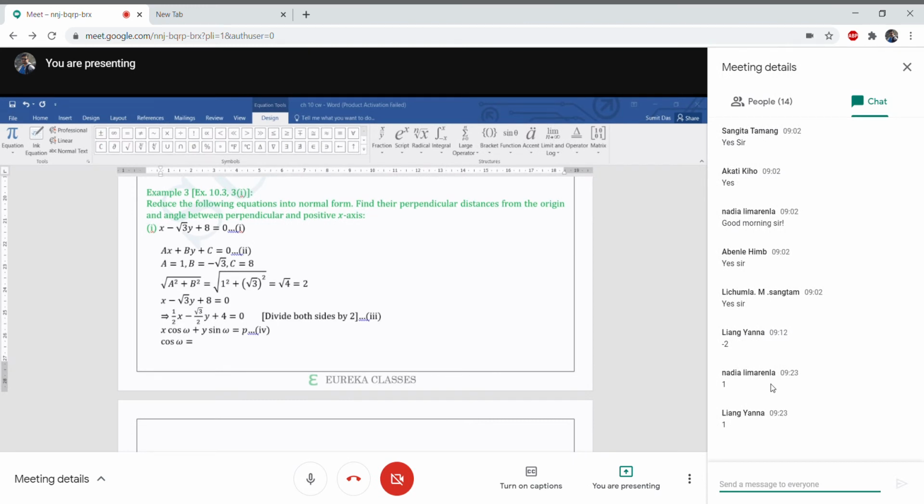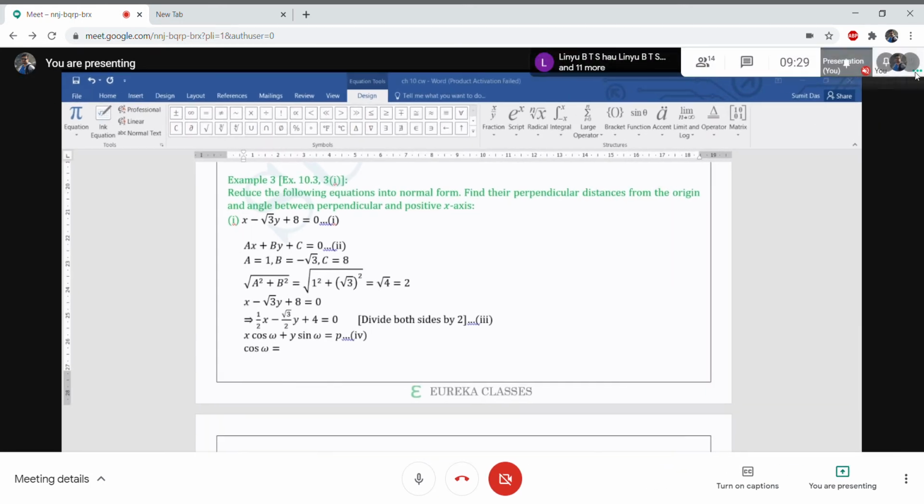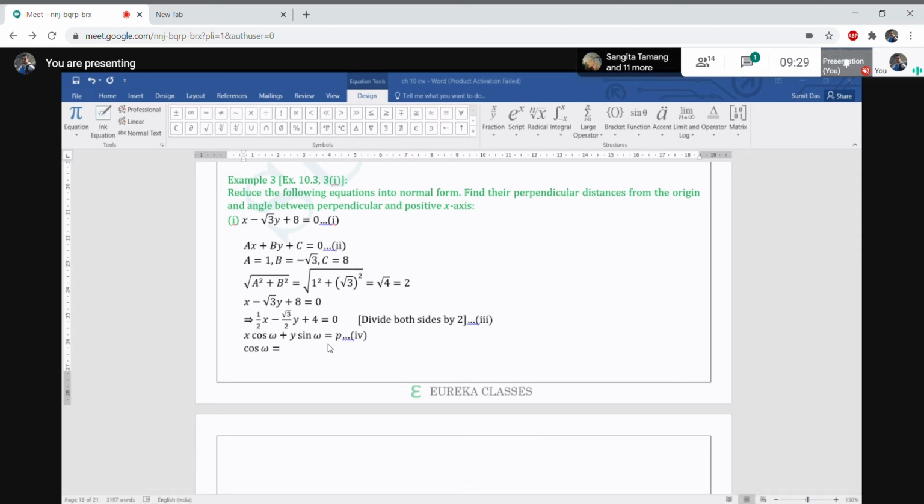Anyone? If you compare equations 3 and 4, what will be the value of cos omega? Equation 3 is 1 by 2 x minus root 3 by 2 y plus 4, and this one is x cos omega plus y sin omega equal to p. I'm telling you to compare these two.